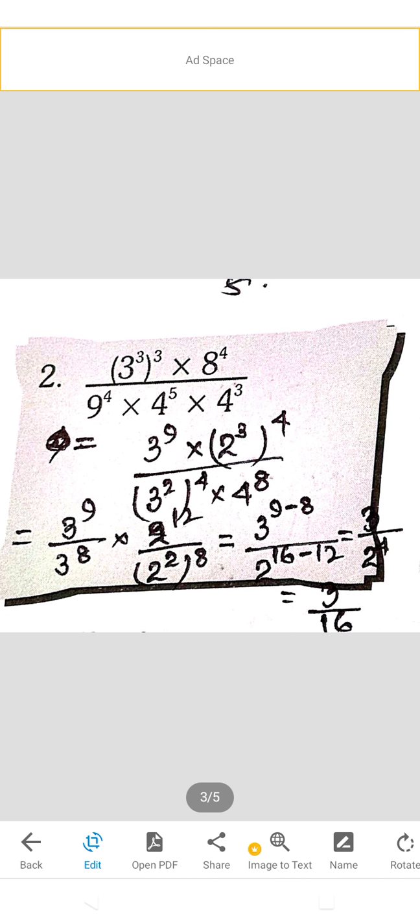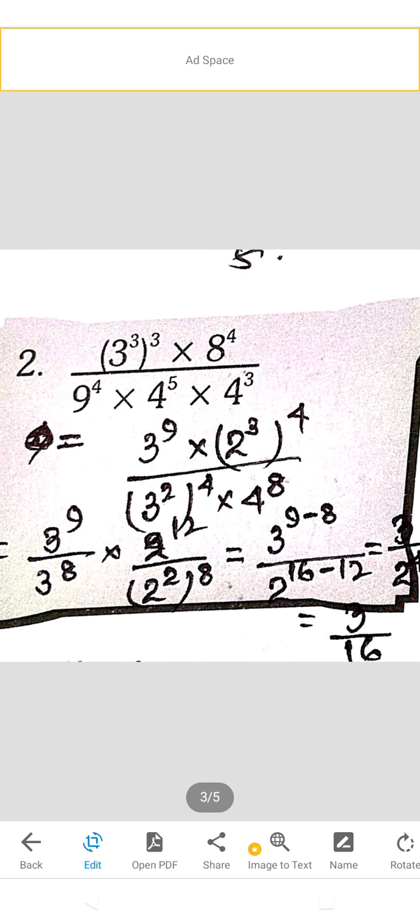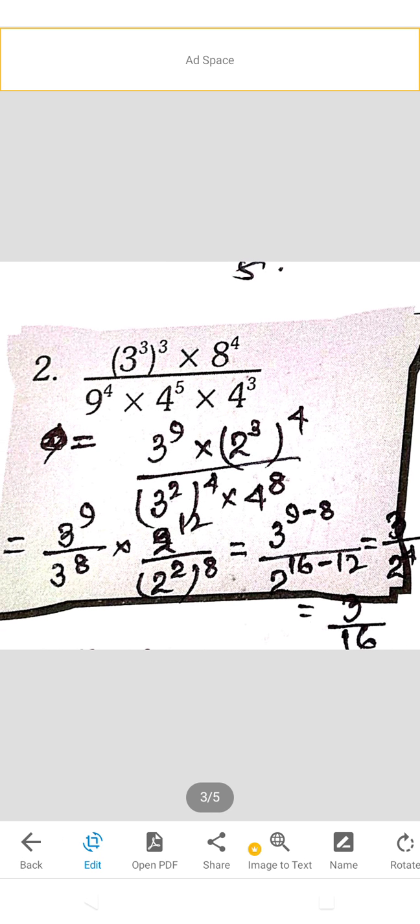Now it can be written as 3 raised to the power 9 by 3 square whole 4. So 3 raised to the power 8 equal to 2 raised to the power 12 by 4 can be written as 2 square, so it can be written as 2 raised to the power 16. Now 3 raised to the power 9 by 3 raised to the power 8.